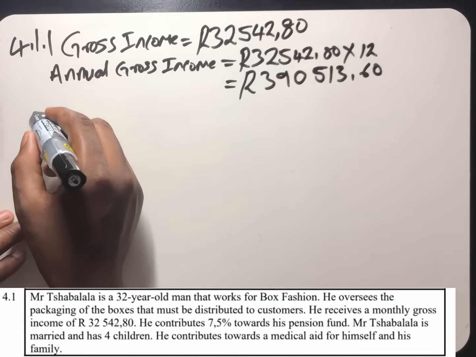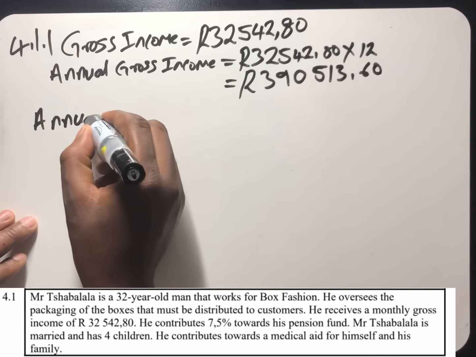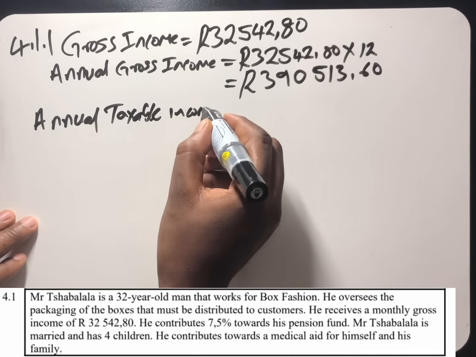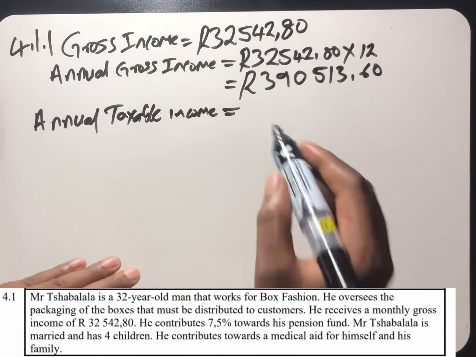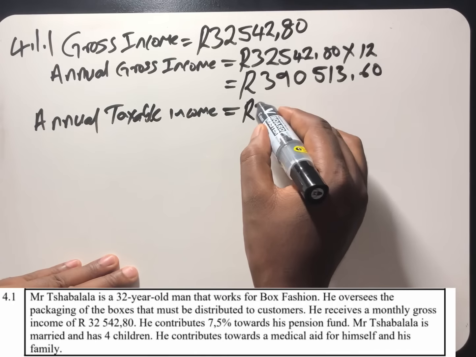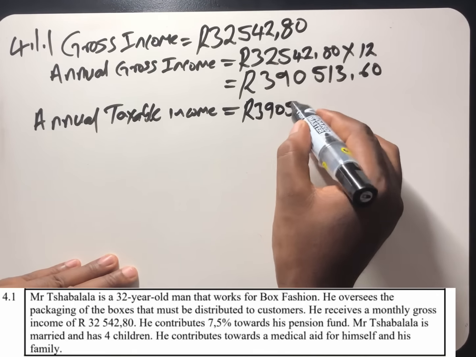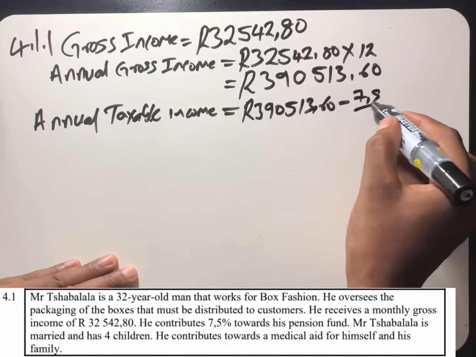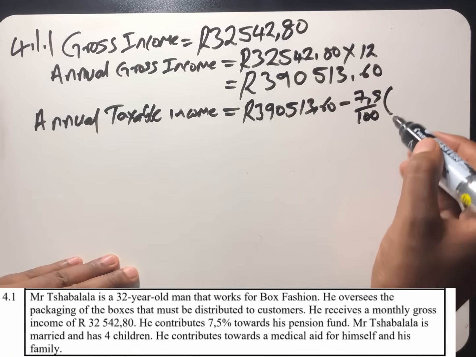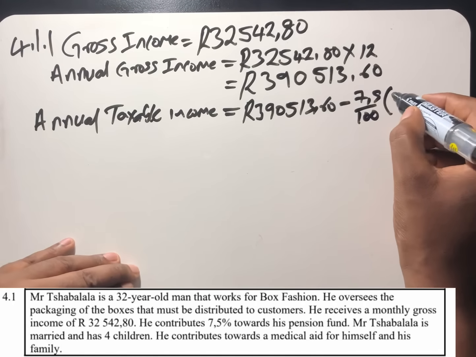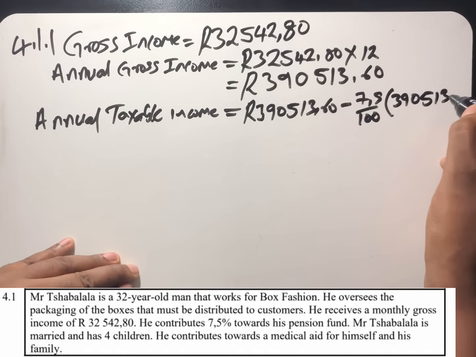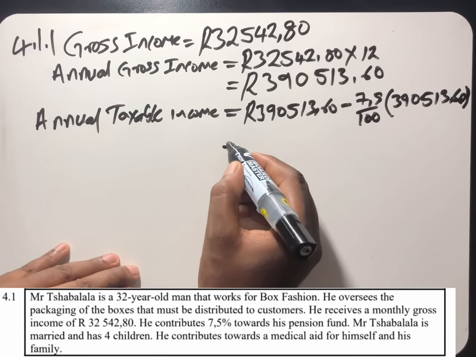So now the annual taxable income is going to be R390,513.60 minus 7.5% of the very same amount, R390,513.60. We must remove the pension fund. That's the only thing that we need to do.